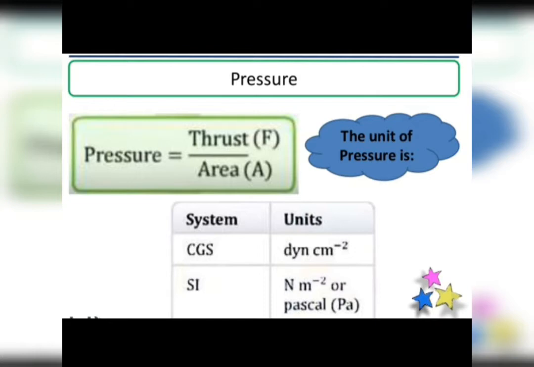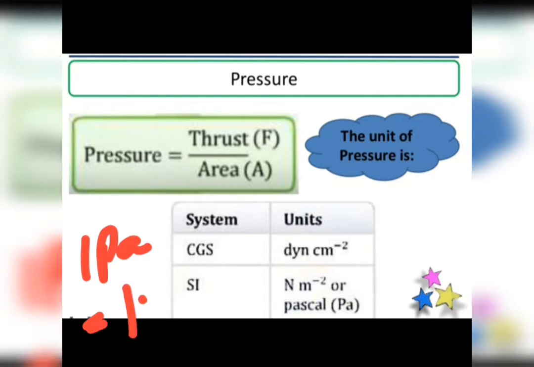So students, tell me, what is 1 Pascal? Define 1 Pascal. So 1 Pascal is nothing but 1 Newton divided by 1 square meter, right?